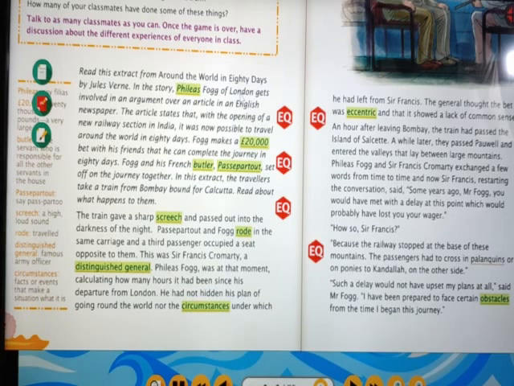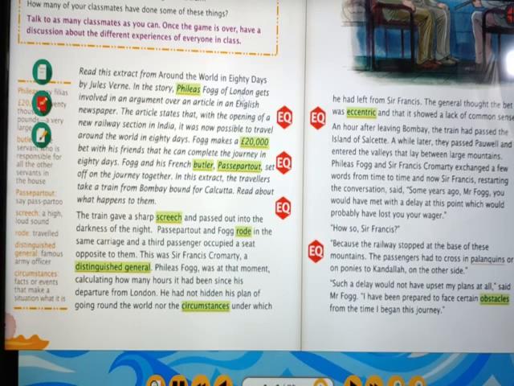And Passepartout and Fogg, they rode the same carriage. What is the meaning of rode? Rode means travelled. They travelled in the same carriage, same compartment. And there was a third passenger. Who was that third passenger? That is Sir Francis Cromarty. What was he?